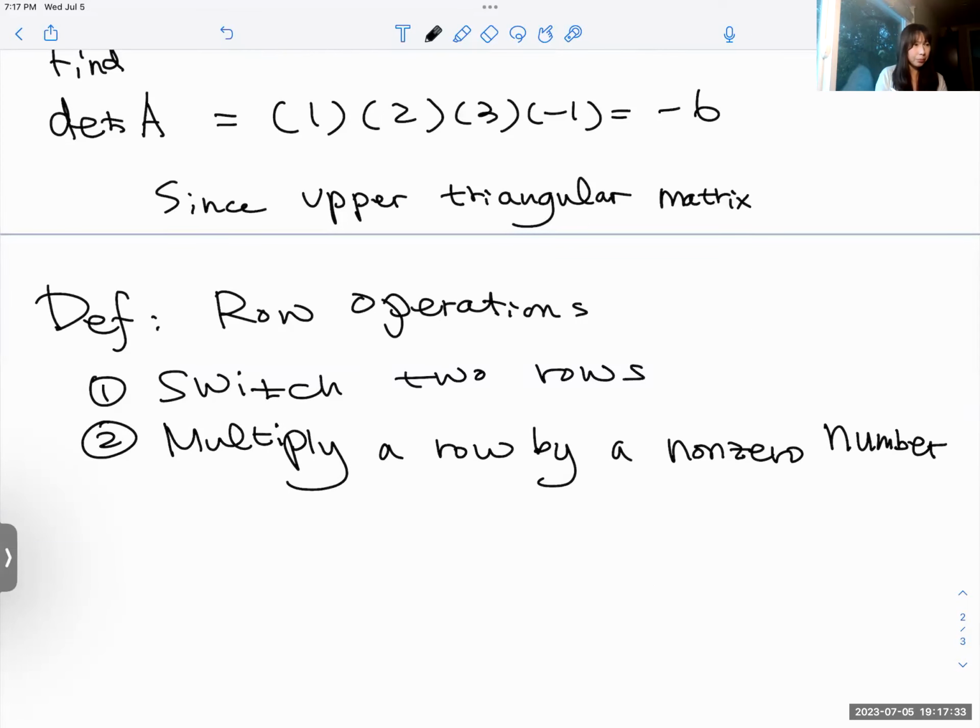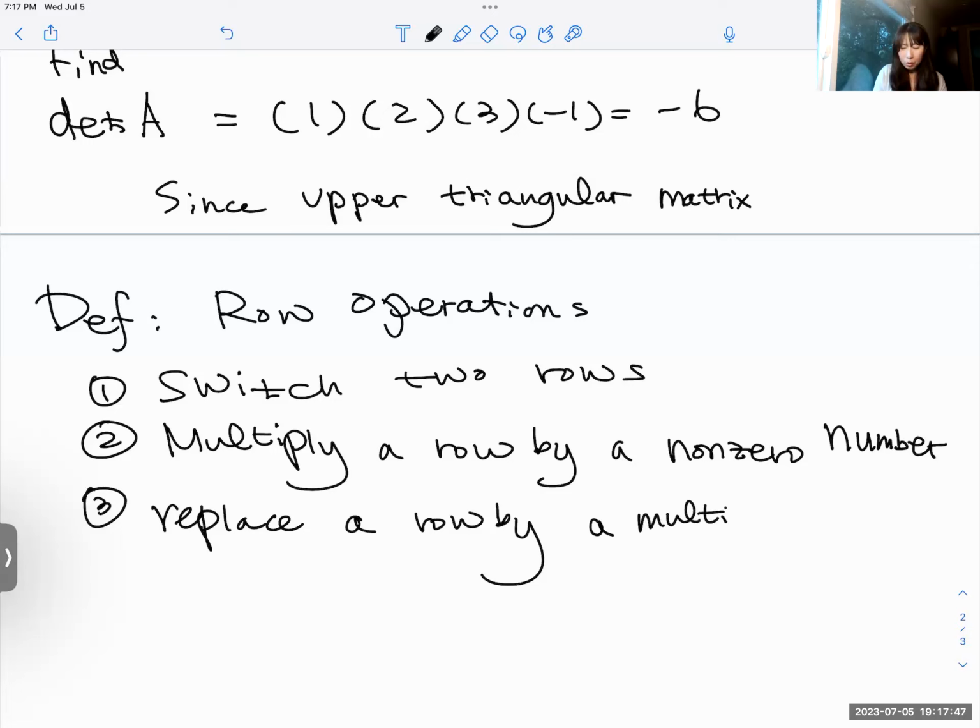Number 3, replace a row by a multiple of another row added to itself.